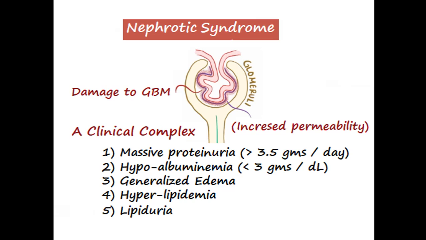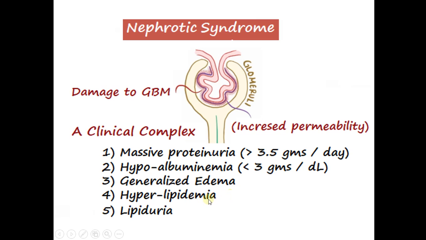When there is a fall in albumin, particularly if it is less than 3 grams per deciliter, what will happen is that at the venular end of the capillary, the colloidal osmotic pressure that will pull the fluid back into the blood will be decreased, and fluid will stay out in the extravascular tissue, giving rise to the edema.